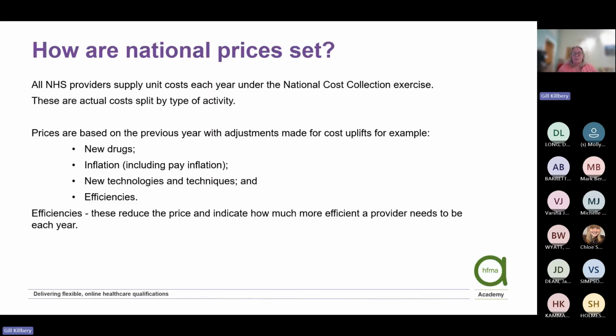Those average prices are then tweaked. So in some cases, the push is to move activity from inpatient to day case. So the price for an inpatient may be reduced slightly, and the price for a day case may be increased to incentivise the transition.